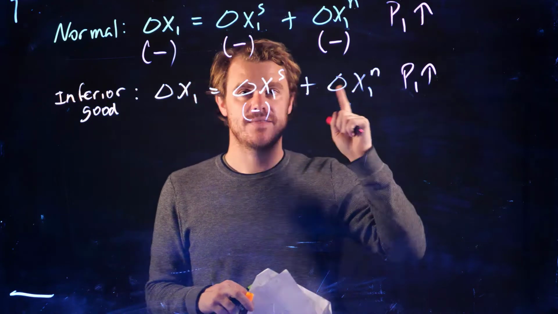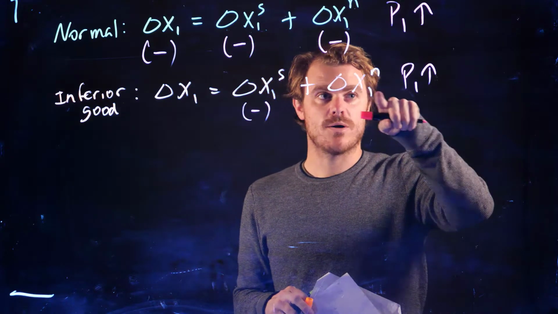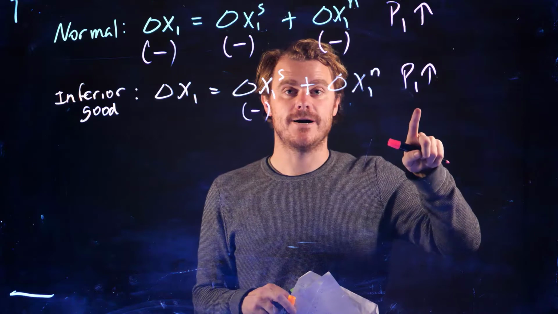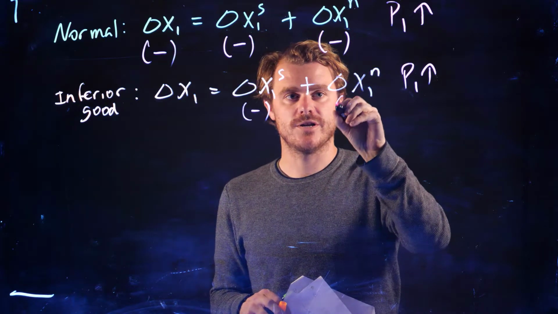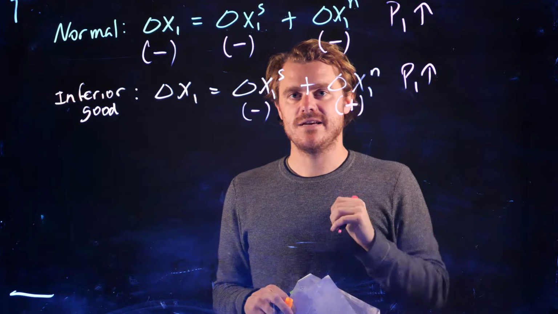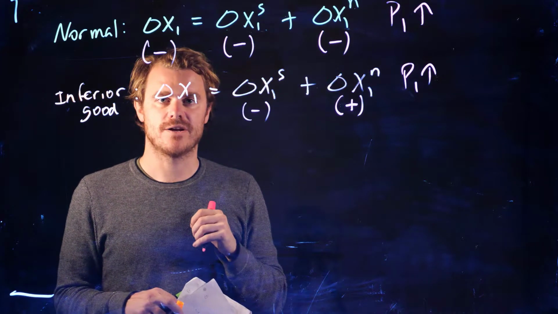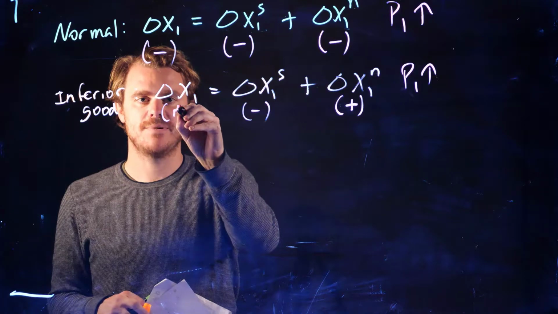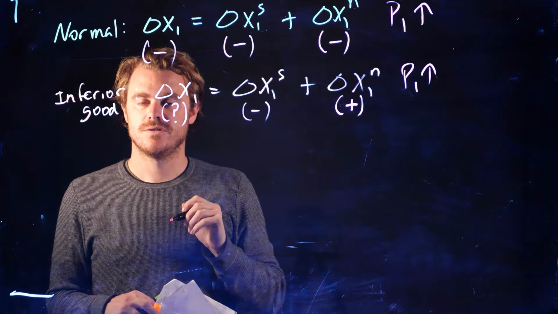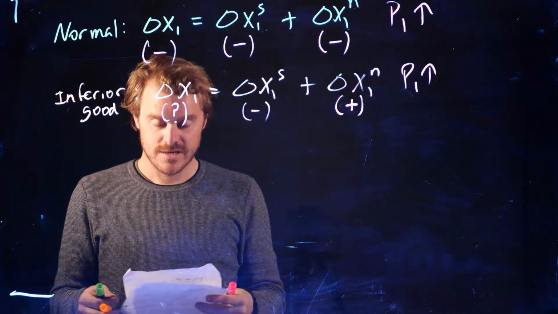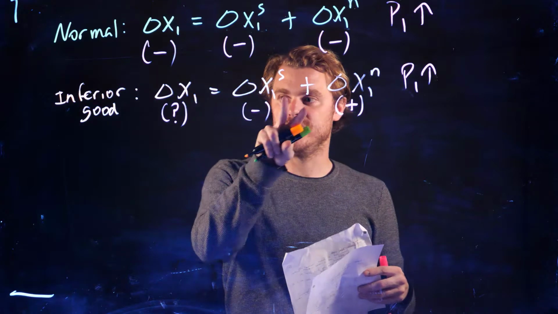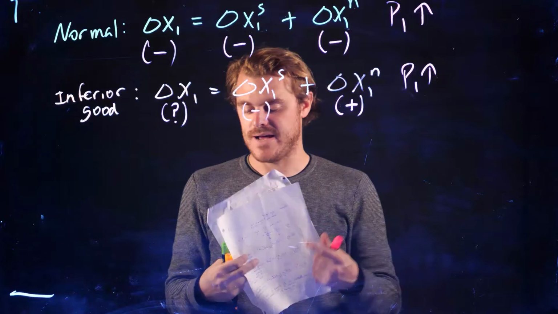But not only that, now our purchasing power is going down. But if this is an inferior good, this is actually going to cause us to increase quantity demanded of that good. So what actually happens to x1 is not clear. It depends on the magnitude of these two effects.